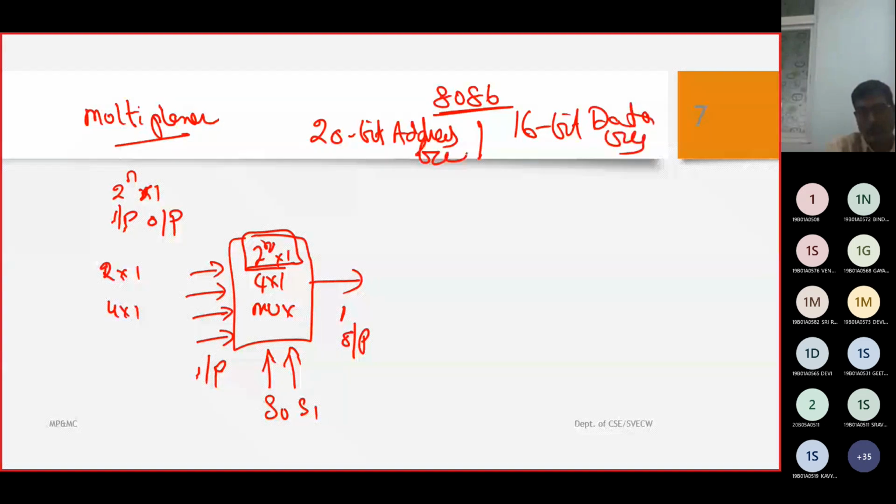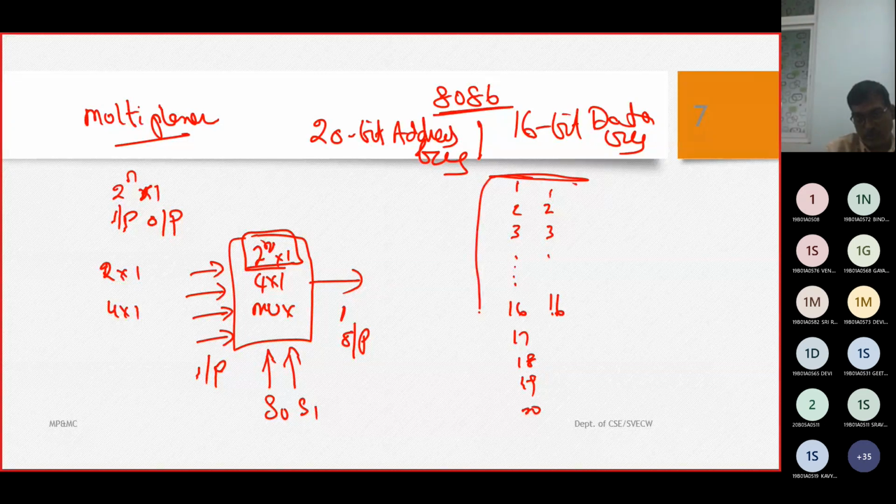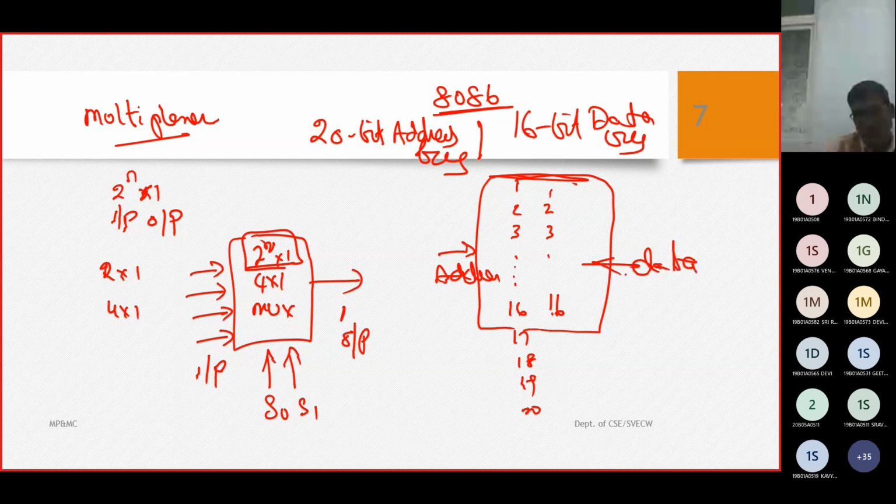The scientists who made the chip felt that the address lines 1 up to 16, followed by 17, 18, 19, 20, and the data lines 1 up to 16, have these 16 bits common to address and data. So why not put them together?